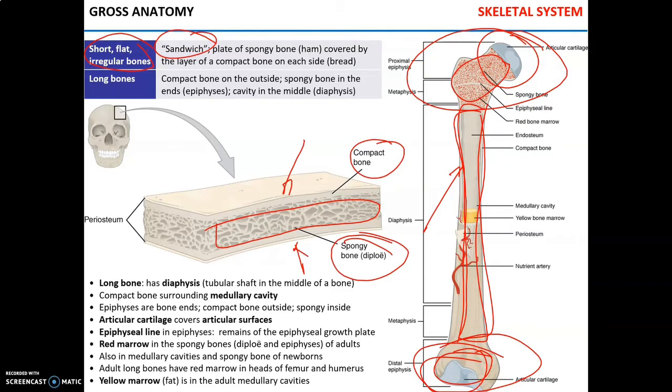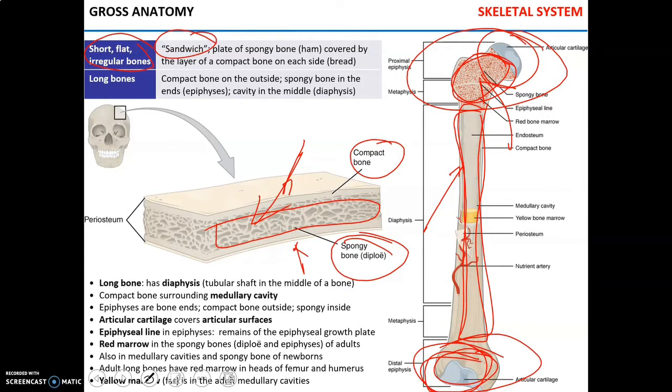So in adults, since spongy bone is in the epiphysis at the ends of the long bone, the red bone marrow in adults is found here in the epiphysis of the long bones, as well as in the spongy bone of the flat, irregular, and short bones.